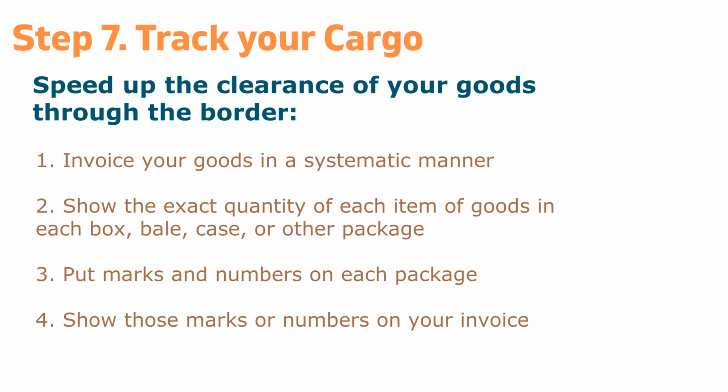You will speed up the clearance of your goods through the border if you invoice your goods in a systematic manner, show the exact quantity of each item of goods in each box, case, or other package, put marks and numbers on each package, and show those marks or numbers on your invoice opposite the itemization of goods contained in the package that bears those marks and numbers.